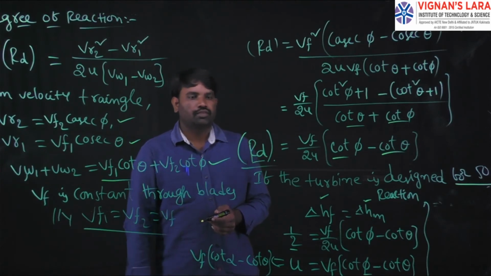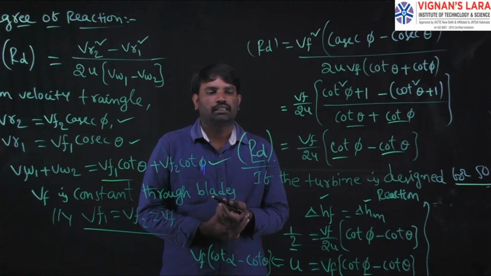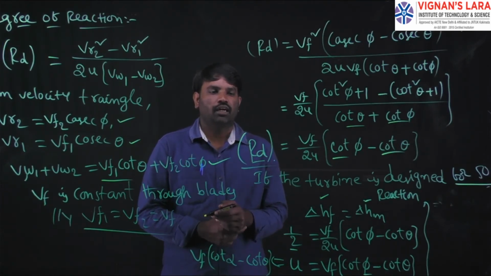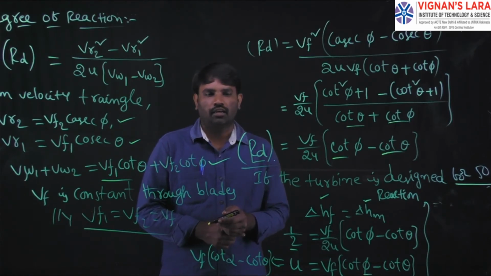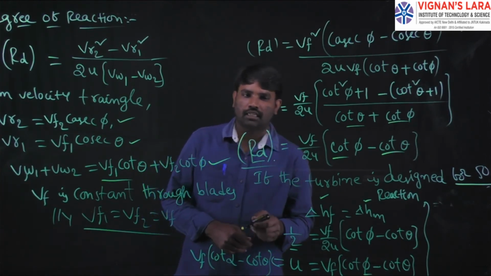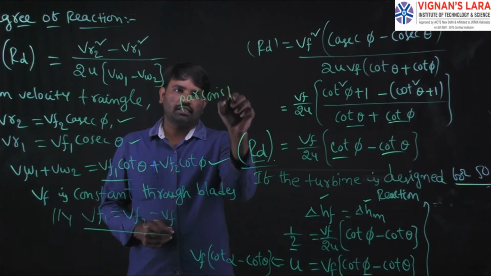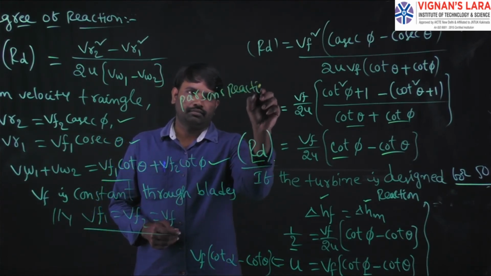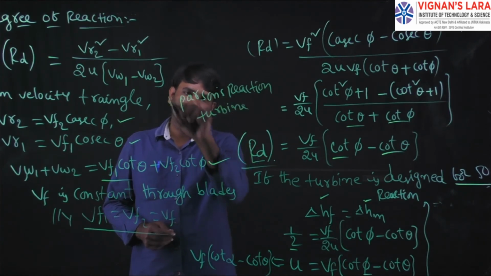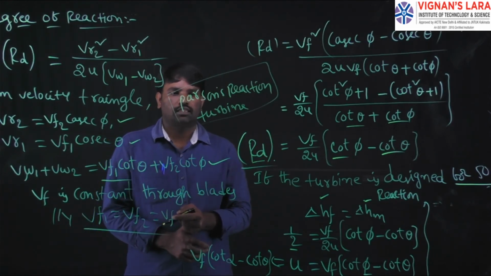If the degree of reaction is 50%, or the shape of the fixed blades and moving blades is the same, or the fixed and moving blades are symmetrical, then that type of reaction turbine is called the Parsons reaction turbine.